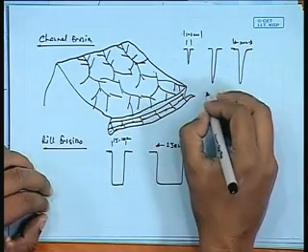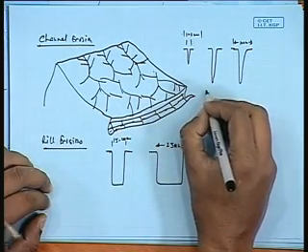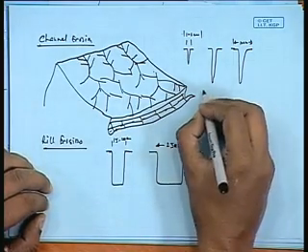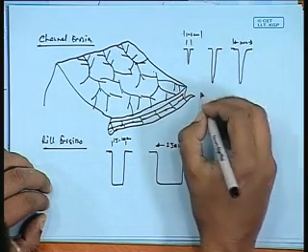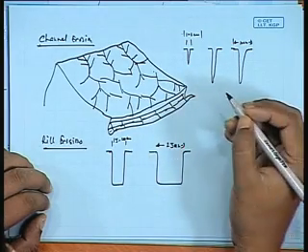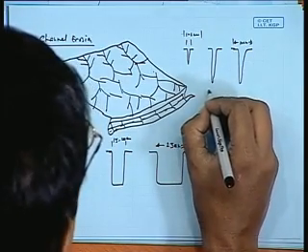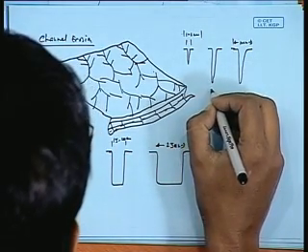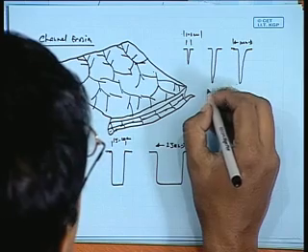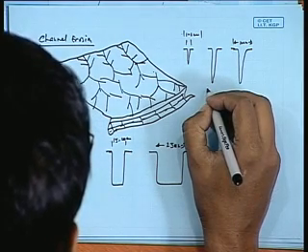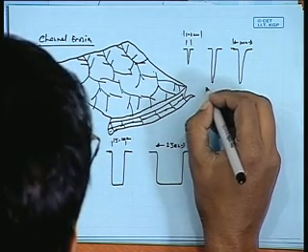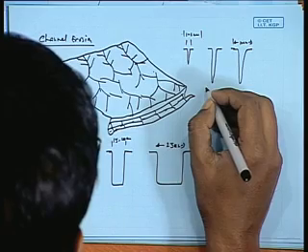You can write down here: channel erosion is the first form of erosion that begins in a soil plane.